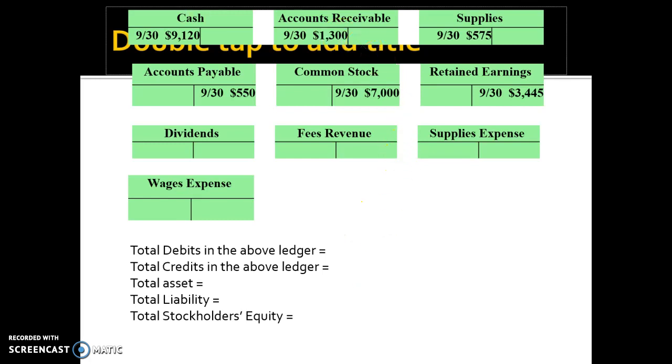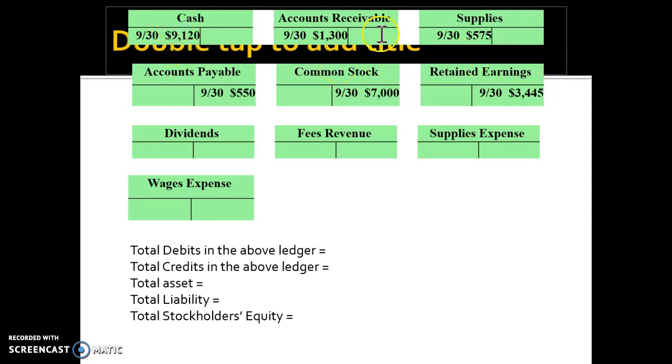Another thing you can see from this general ledger is that it basically helps you answer a couple of different questions. For example, what is the total debit side in the above ledger? That is just all the debit sides added up together, and the credit side of the ledger, all the credit sides added up together. You should notice that when you do the entries, when there's a debit, there's a credit, and they have to have the same amount.